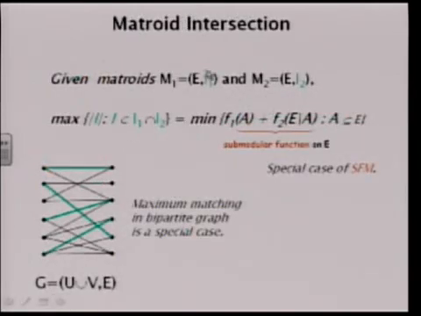There are a lot of interesting operations you can apply on matroids, including intersection, union, and some other operations. There's also another interesting case of the submodular function minimization problem.